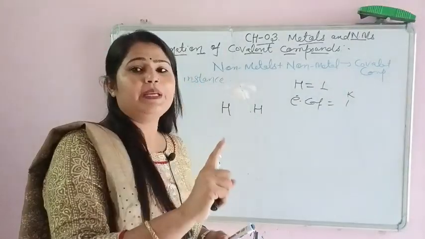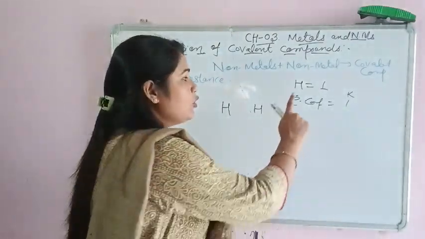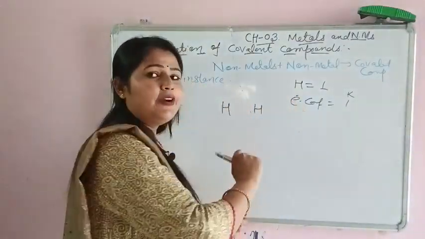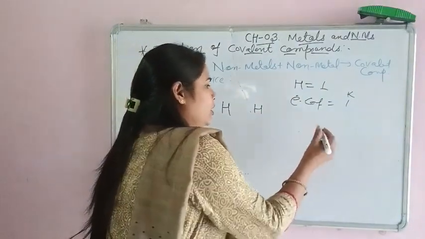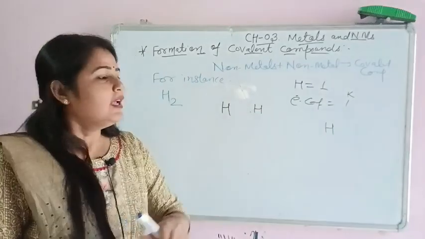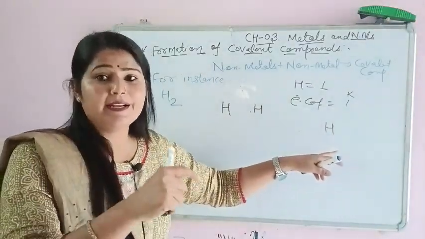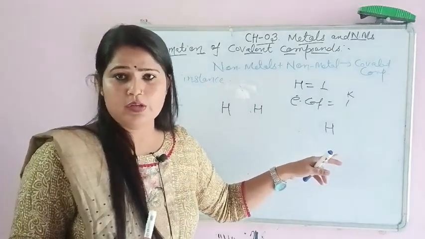The first step is to write the symbol of the element. Clear? What is the symbol of the hydrogen element? That is H. So we write the symbol of the hydrogen element and write the valence electrons present in this atom in the form of dots.